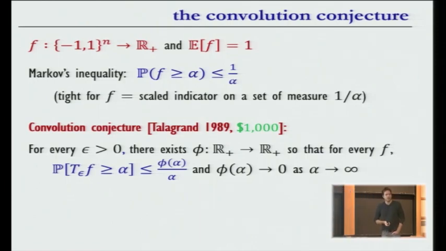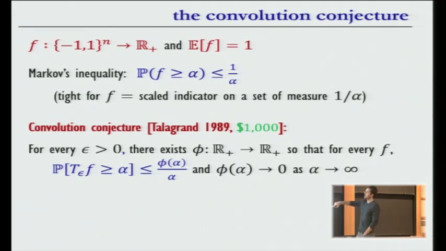So the tails beat Markov's inequality uniformly. If you fix f, then of course this is trivial, since you can't keep having mass above.